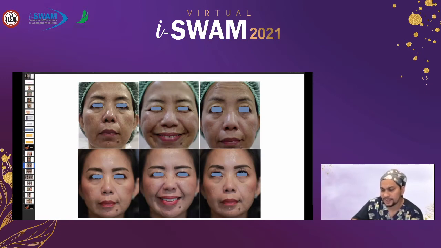Her skin has become more moist, whereas before it was very oily. And then also the angle: you can see here the difference of the lip angle. Before it was very downward, and now it's lifted up.